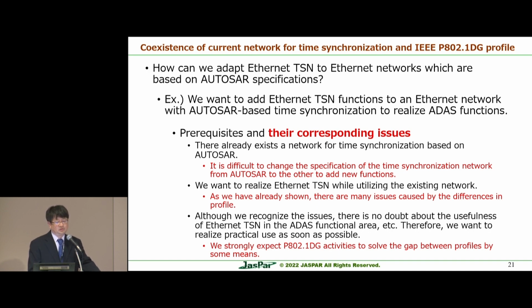For example, we want to add TSN functions to an Ethernet network with AutoZA-based time synchronization to realize ADAS functions. So here, we have three prerequisites and their corresponding issues. First, there already exists a network for time synchronization based on AutoZA. So it is very difficult to change the specification of the time synchronization network from AutoZA to the other to add new functions.